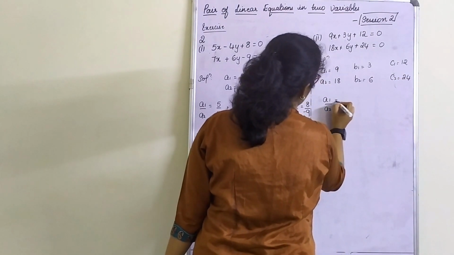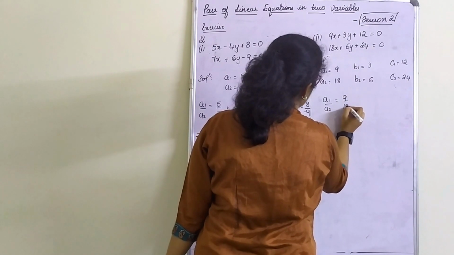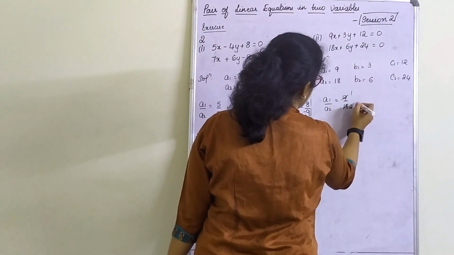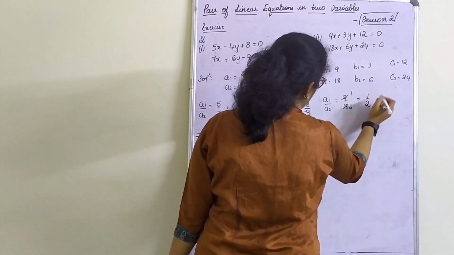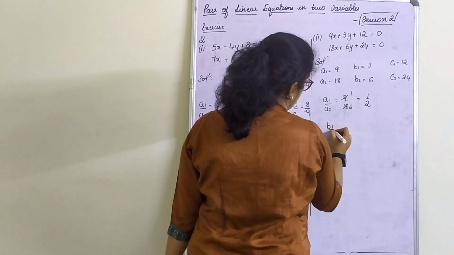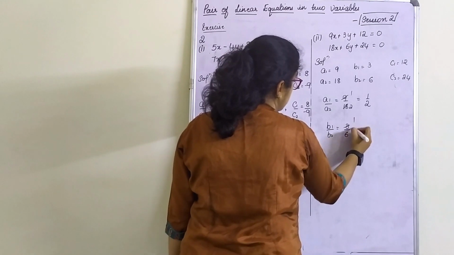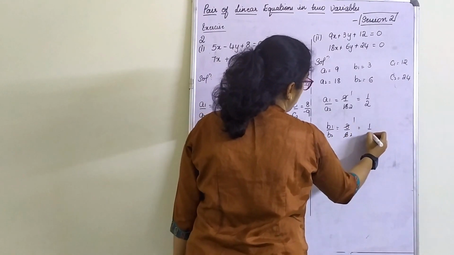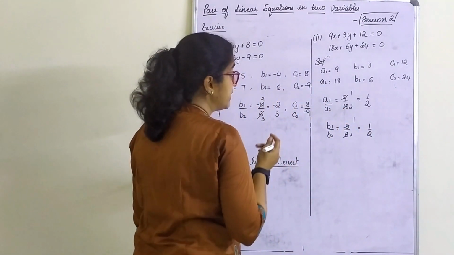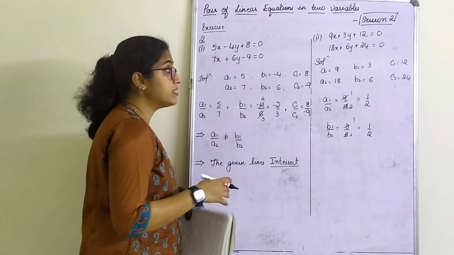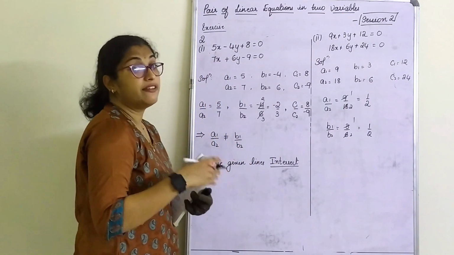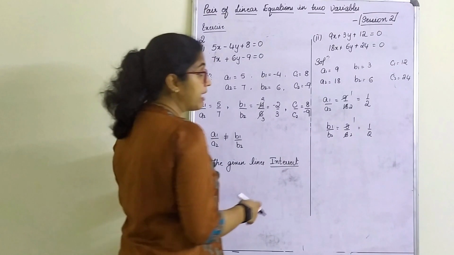A1 by A2 is equal to 9 by 18. 9 ones are 9, 9 twos are 18, that is equal to 1 by 2. B1 by B2 is equal to 3 by 6. 3 ones are 3, 3 twos are 6, 1 by 2. Now C1 by C2 you have to find. Why? Because if these two are equal and that is not equal, then it becomes parallel lines.